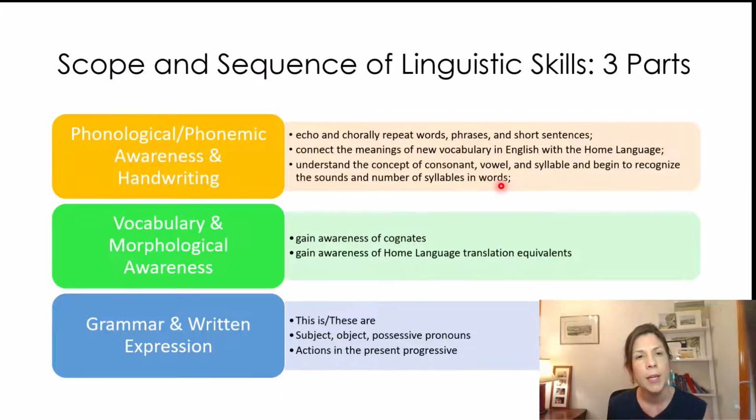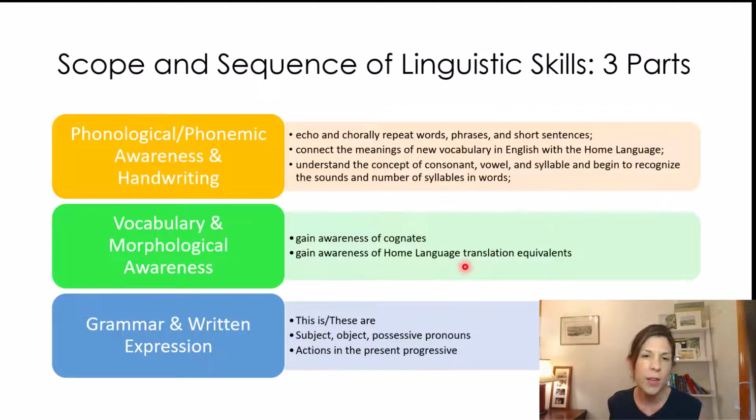So that's just a preview of the kinds of skills that I want you to do with your students. In terms of vocabulary and morphological awareness, I want students to gain awareness of cognates, especially if they're Spanish or French speakers. If their language is not very closely related to English, where there aren't a lot of cognates, I want them to gain more and more awareness of home language translation equivalents.